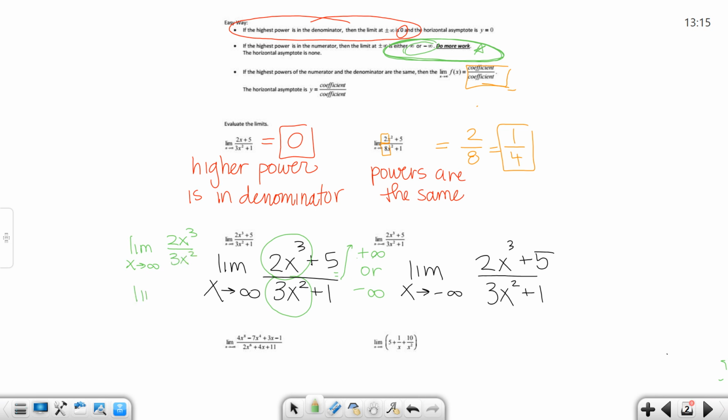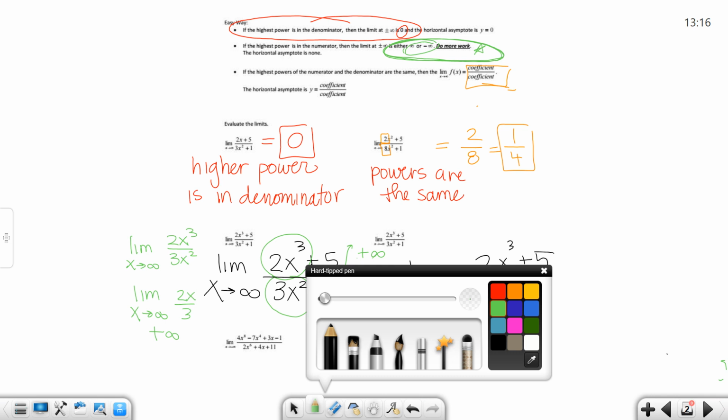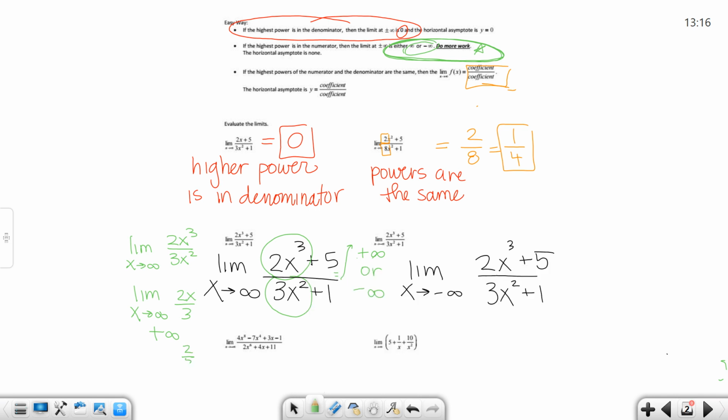If I simplify that, that gives me the limit as x goes to infinity of 2x over 3. If I plug in a positive number, since I'm going to positive infinity, 2/3 times a positive number would be a positive result. So the answer here would be positive.